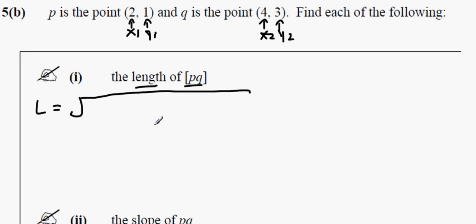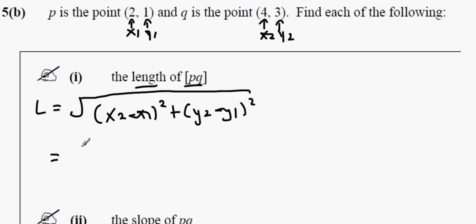So what we're going to get here is x2 minus x1 squared plus y2 minus y1 squared. What this can do here is the following.